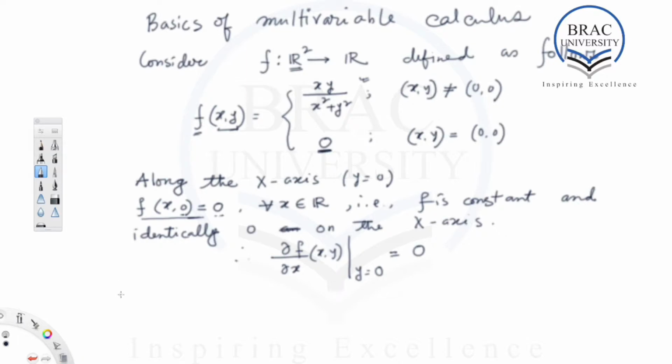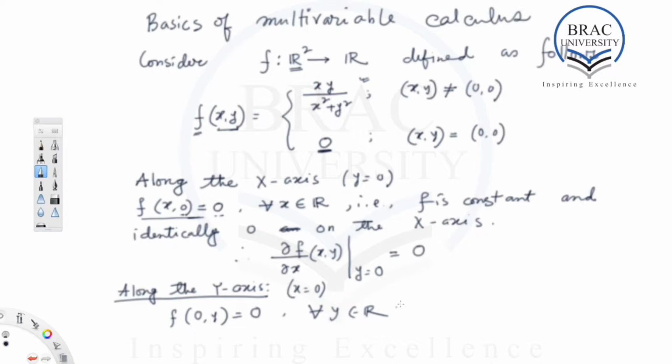What happens along the y-axis? Let's see. Where x is identically equal to 0, it can be viewed in a similar way: f(0, y) is equal to 0 for all y in R, using the same reasoning.